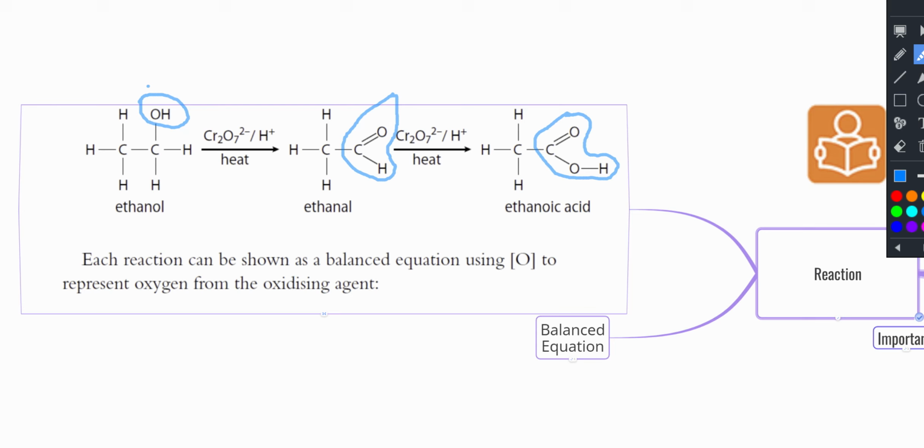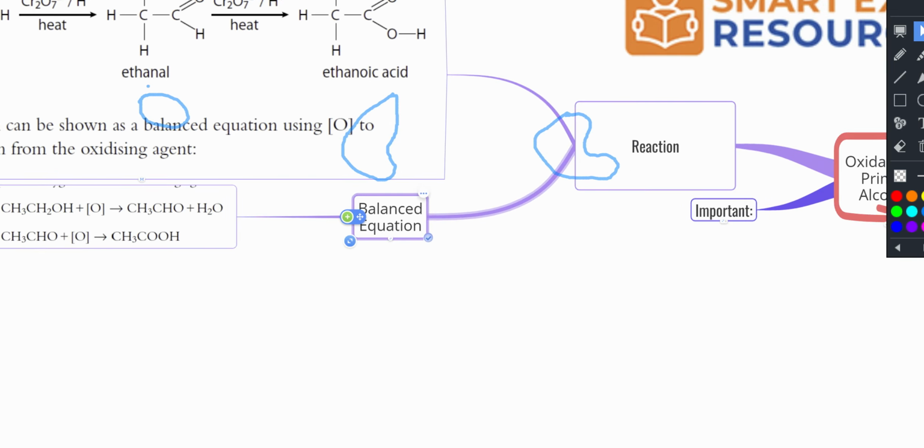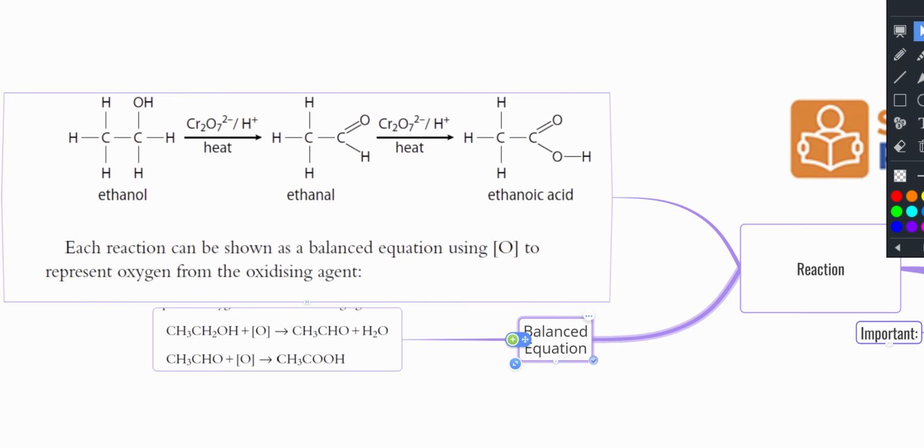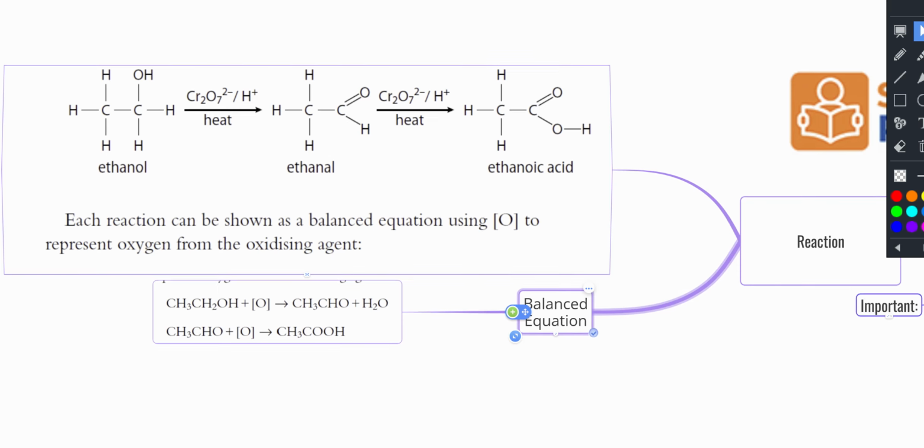Now I show you the balanced equation for the reaction. Here is the balanced equation. It shows OH getting changed into the CHO functional group.